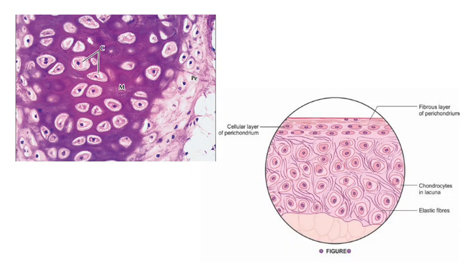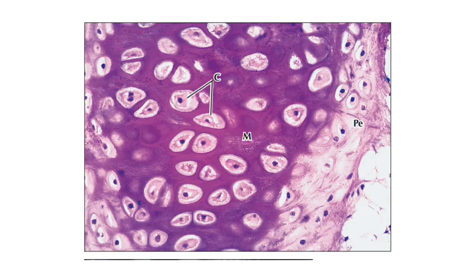Same, lacuna present because of shrinkage artifact, and the chondrocytes are large. This is schematically represented, how the fibers are seen. Perichondrium present. See this C, this is the chondrocytes.